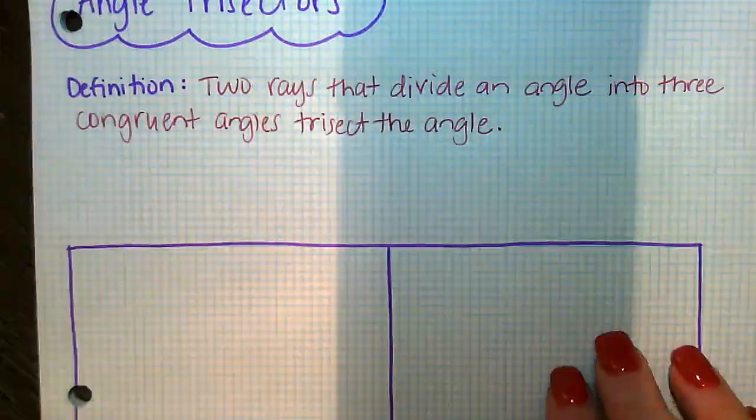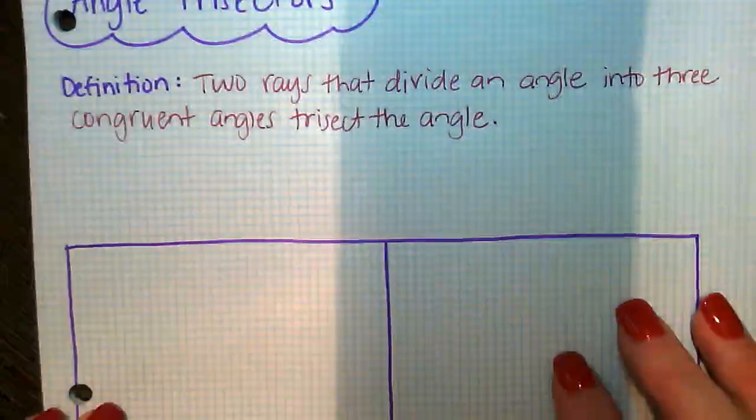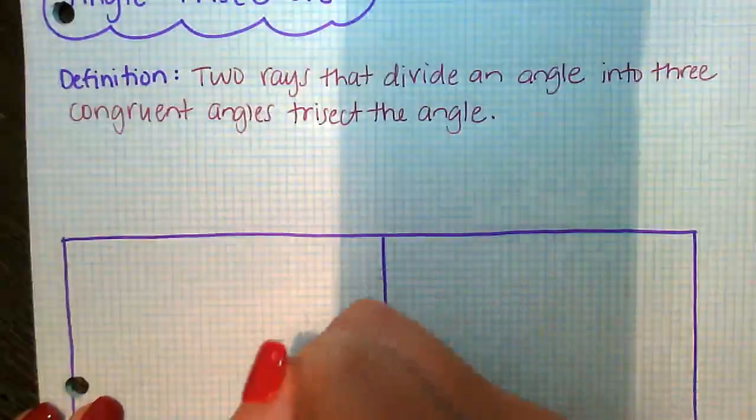Two rays that divide an angle into congruent angles trisect the angle. Let's look at an example in both of these.